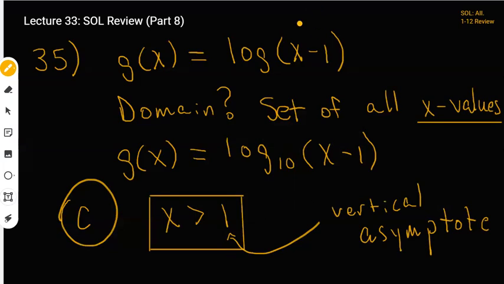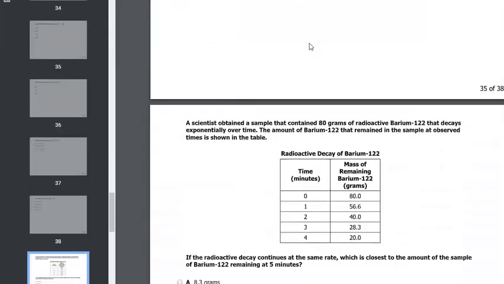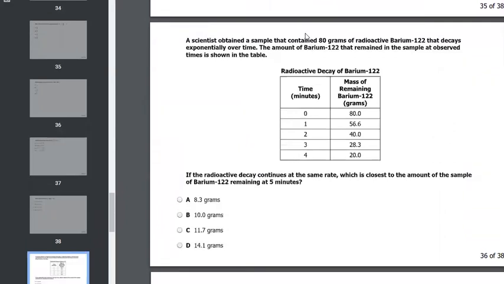Okay, let's do 36. Okay, this one looks like another chart question. So you already know what you got to do. And here's your regression once again.